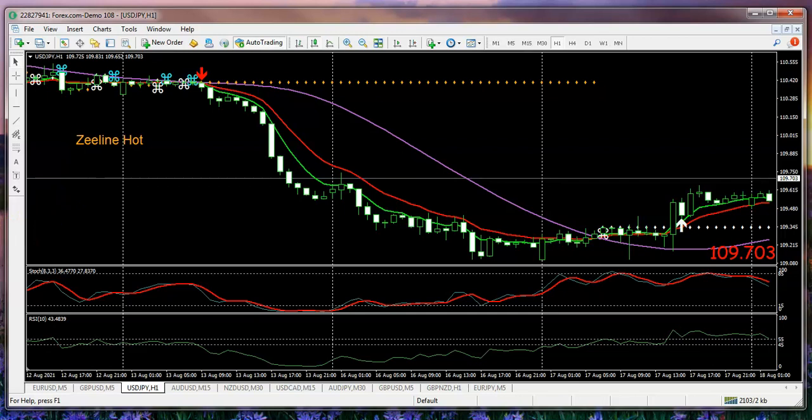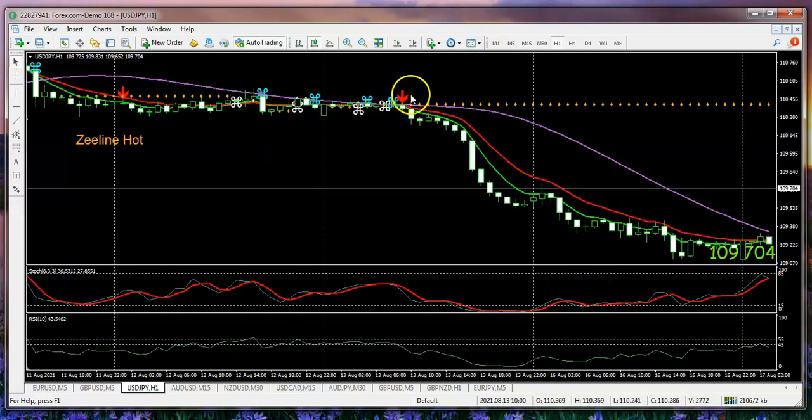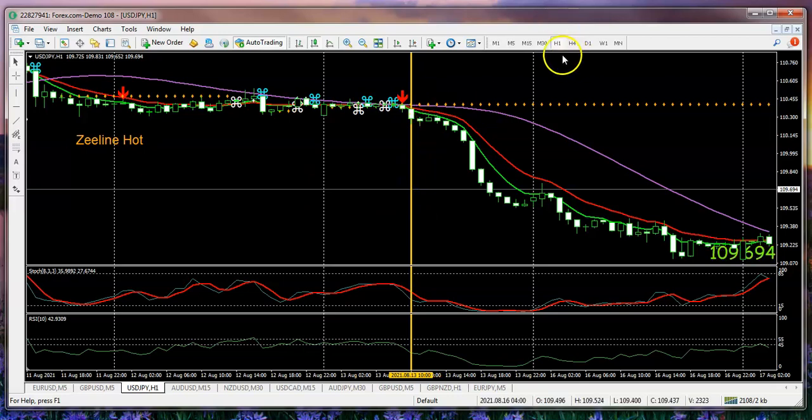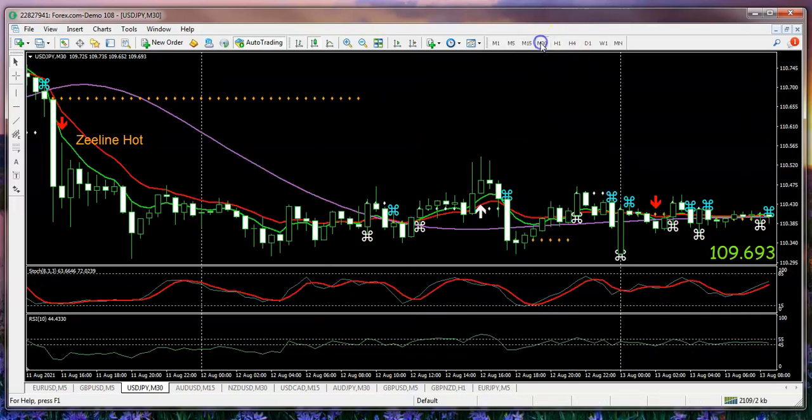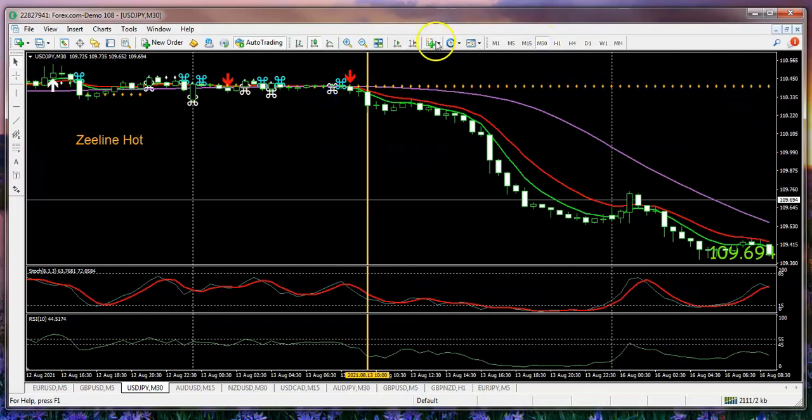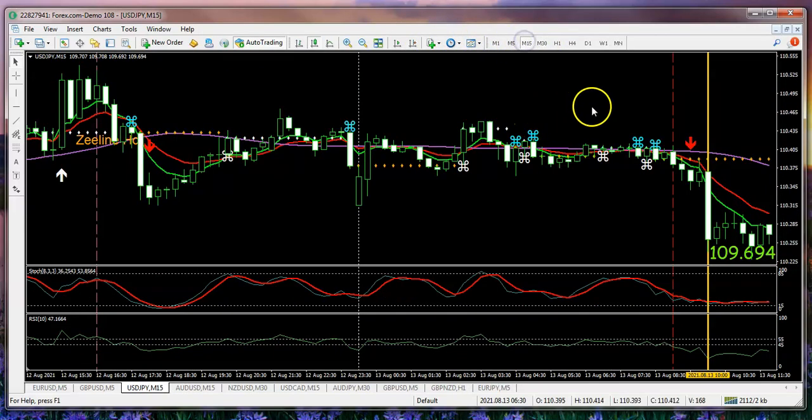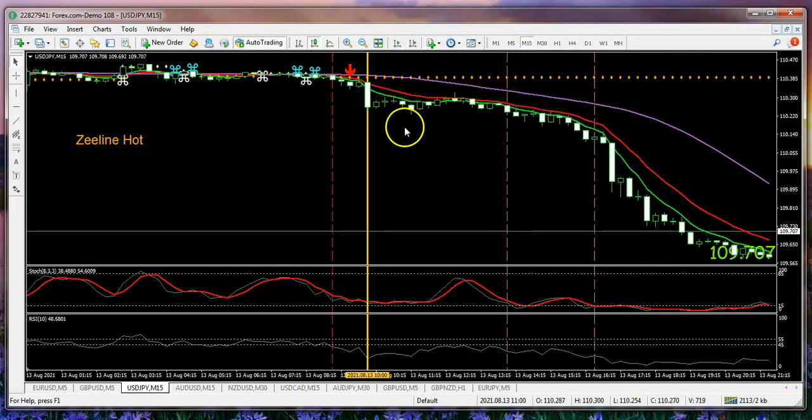And let's just keep watching. Notice also that we have this situation here where if you have this kind of a move downward, maybe you want to wait for the pullback. You could also drop down to a little lower time frame and see if you get the continuation signals on that time frame. And notice here, that's a perfect kind of a move.